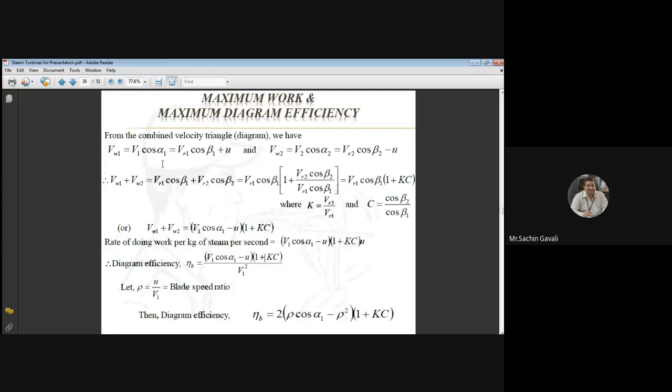But this V1 cos alpha 1 is nothing but VW1. You can write it as AB, that is U, the tangential velocity, plus BC.